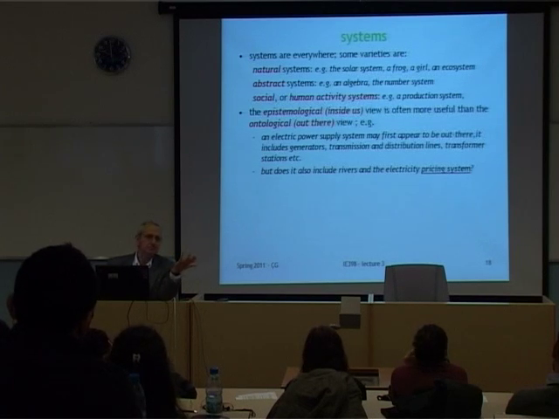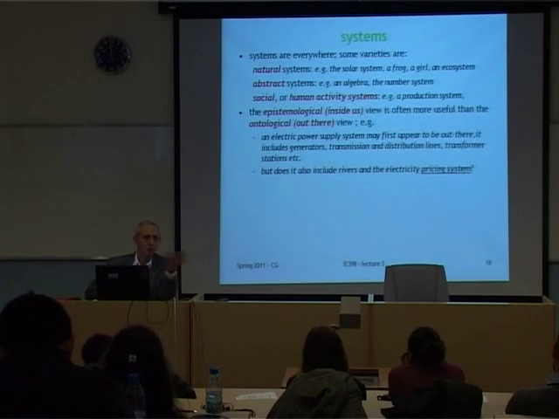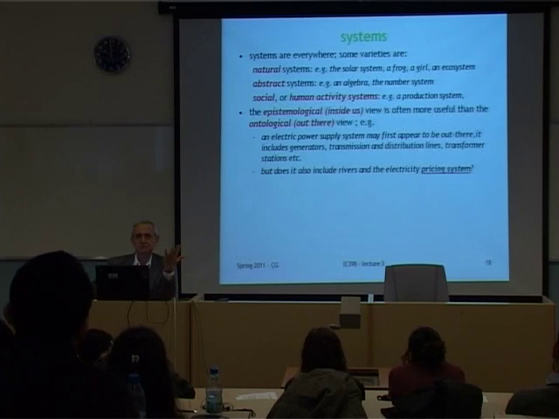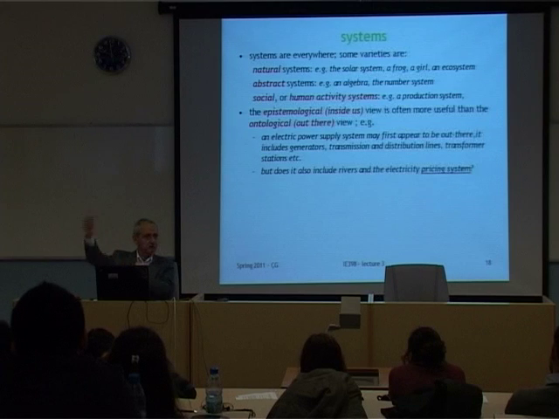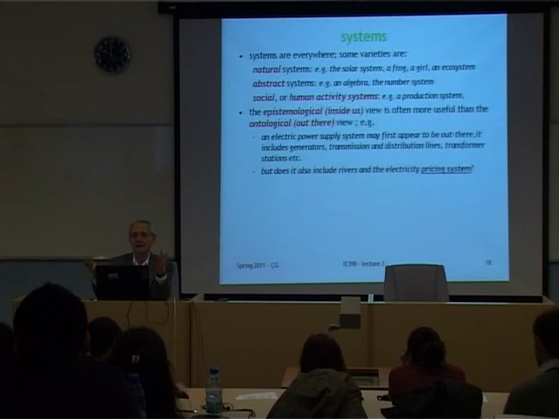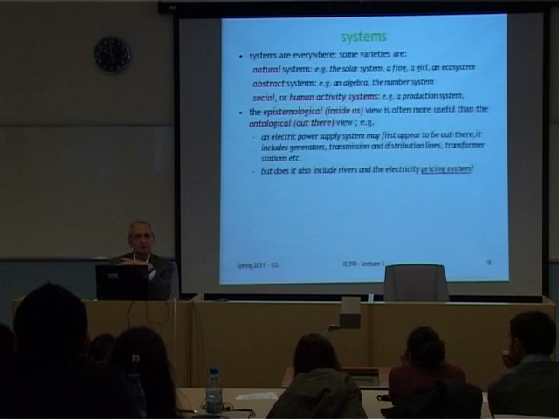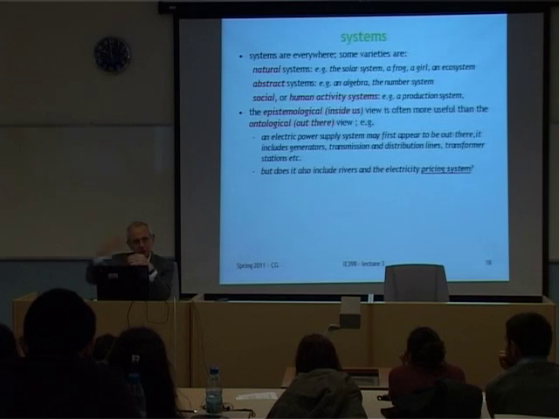Is this system an ontological system or an epistemological system? Now, you might regard that this system exists out there. We can see the transmission lines, you can see the power stations, etc. So it looks as if it is part of reality. So an ontology. Ontology is about existence, as you should remember. So it exists outside of us.